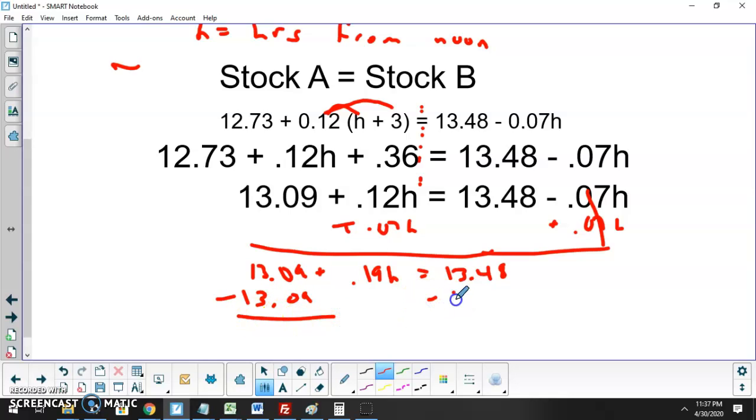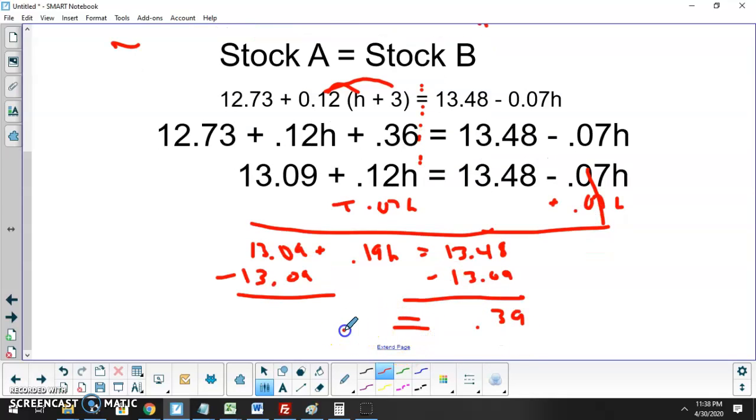All right, subtract 13.09 from both sides. And what do we get? 39 cents here. 13.48 minus 13.09. I believe it's 39 cents. Yep, just want to double check there. 39 cents. So we get 0.19H equals 0.39.